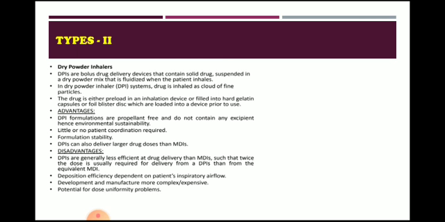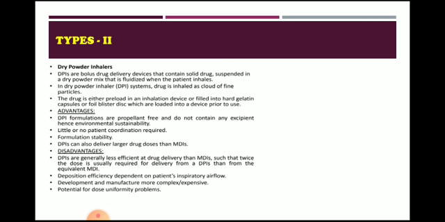Type 2: dry powder inhalers. Dry powder inhalers are bolus drug delivery devices that contain a solid drug dispensed in a dry powder mix and fluidized when the patient inhales. In this method, the drug is inhaled as a cloud of fine particles.